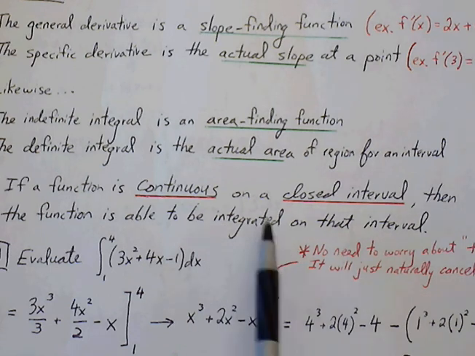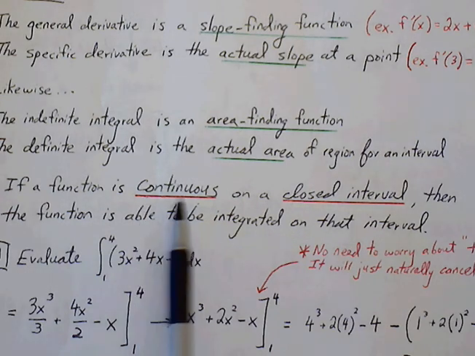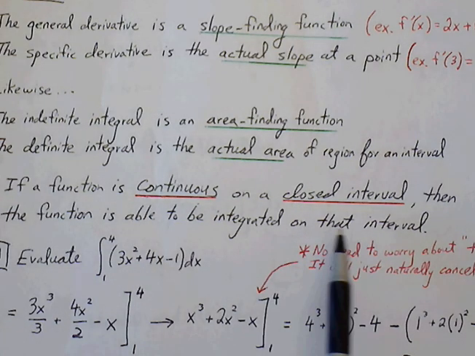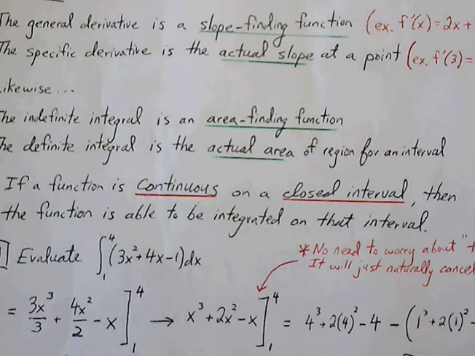So we can have a region with sharp points and we can still find the exact area of that region. However, if we want to find the slope, we have to make sure that our function is differentiable. That is not going to be the case if we're trying to integrate or find the area of a closed region. Just have to make sure it's continuous.